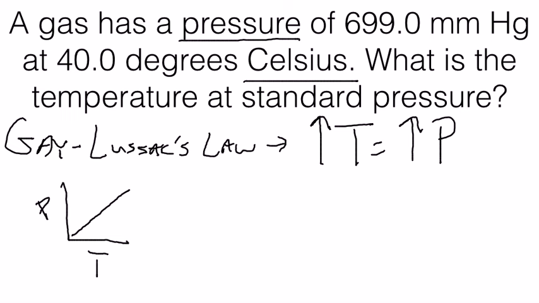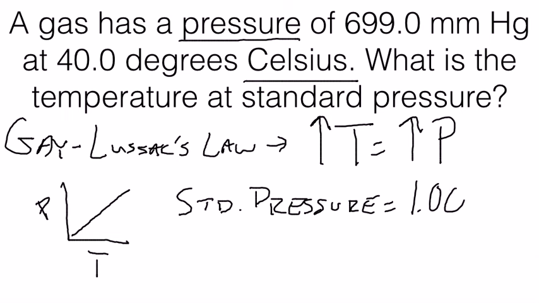And so in our problem here, before we begin to do any math, our gas has a pressure of 699 millimeters mercury at 40 degrees Celsius. What is the temperature at standard pressure? Remember, standard pressure equals 1 atmosphere of pressure.